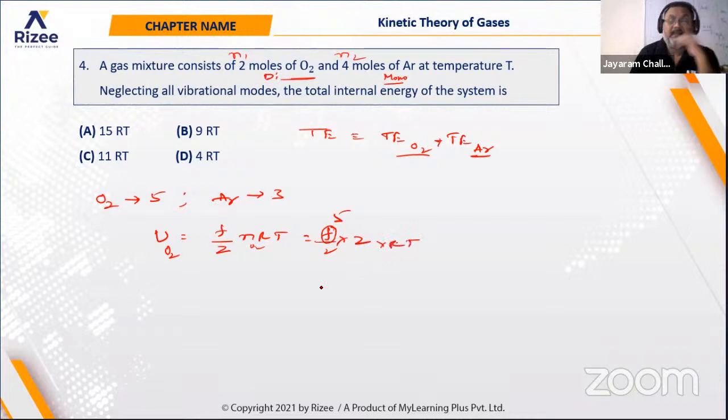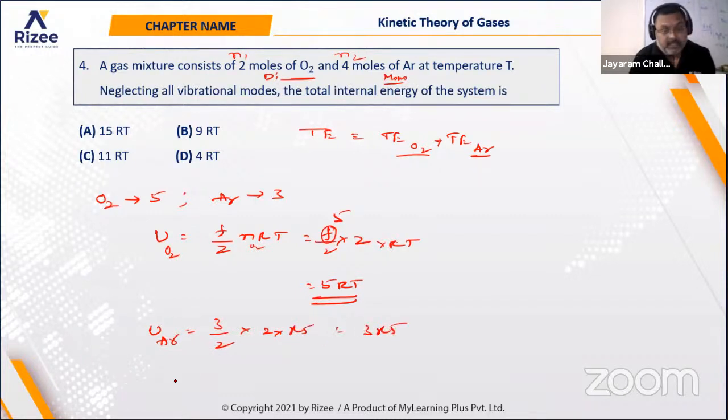So this goes to 5RT. This is the internal energy of the O2. Now the internal energy of the argon can be written the same way, but the degrees of freedom will be 3, so 3 by 2 into RT, which is 3RT.